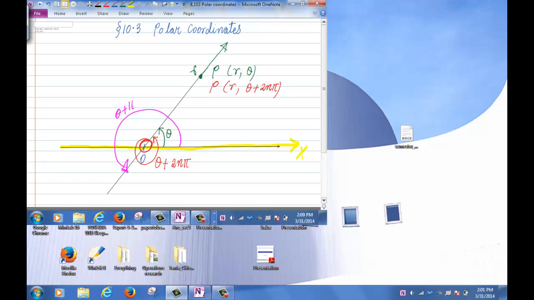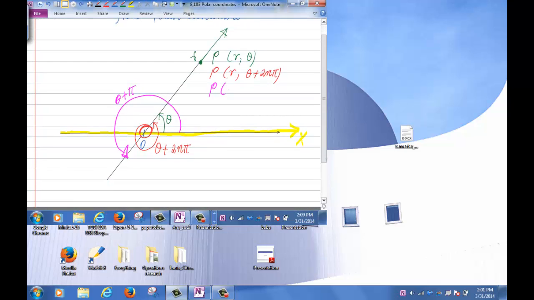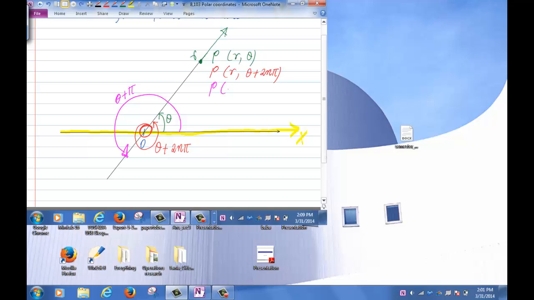This time, what is the positive side of the polar axis? The positive side of the polar axis is given by this arrow, right? The arrow in magenta is telling you the positive side of the polar axis. So this side here, the side from here to here, is the negative side of the number line.